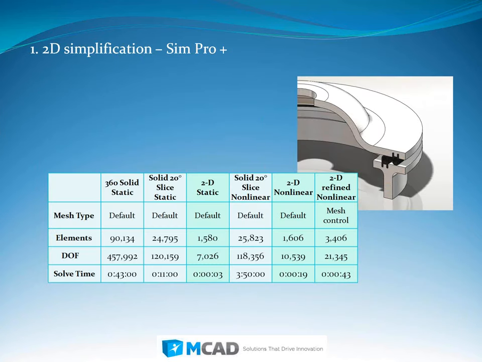So to sum it all up here, here's what we have shown you in terms of the savings that you get from the 2D simplification. There again, it's available if you are running Simulation Professional or above, and quite a bit of a benefit from using that functionality.